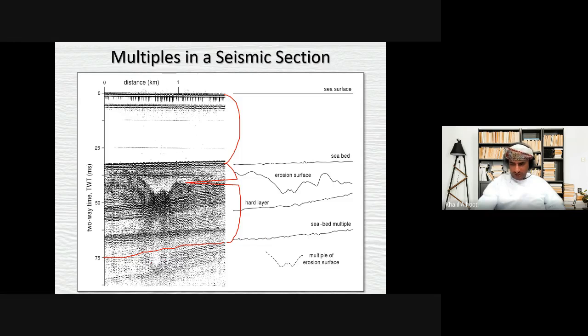You see this shape here, it's not very clear. It's resembling this erosion surface. An erosion surface is a surface where rock has been eroded. There is an unconformity.